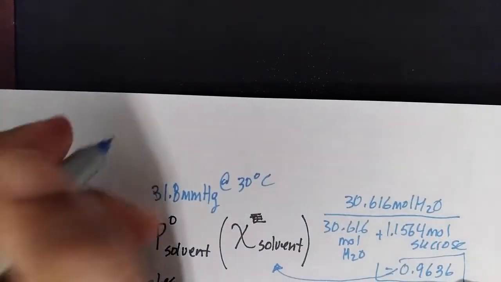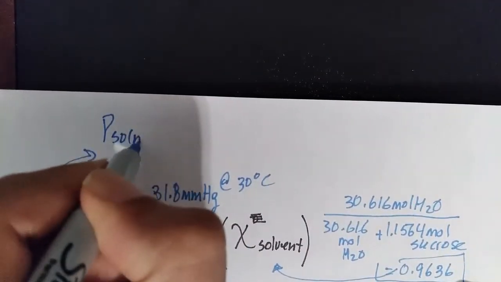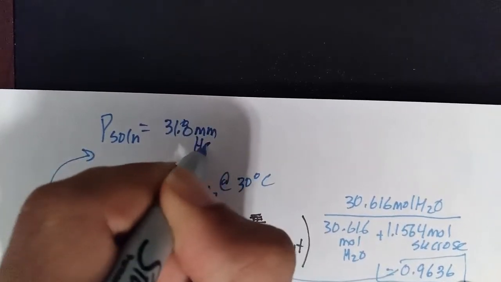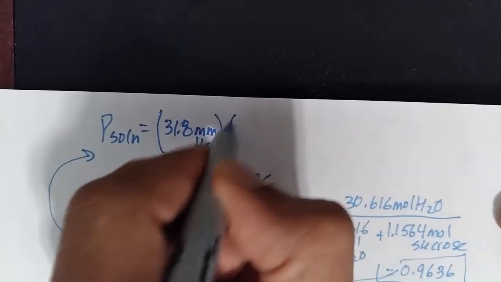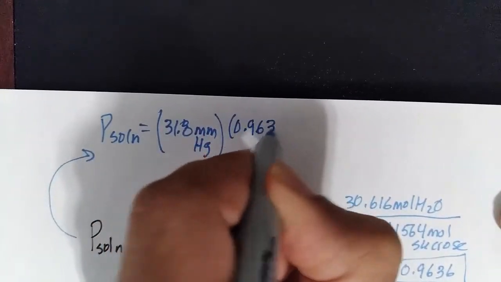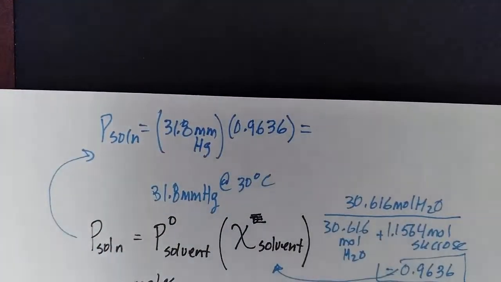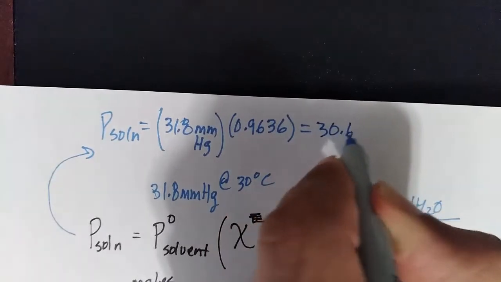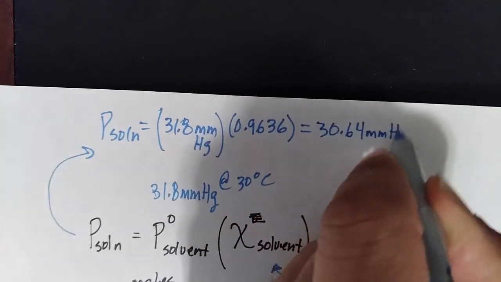So the new vapor pressure of the solution is going to be 31.8 millimeters of mercury times 0.9636. On our calculator, I'm getting an answer of 30.64 millimeters of mercury.